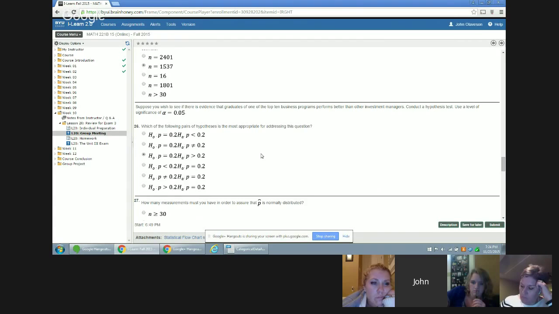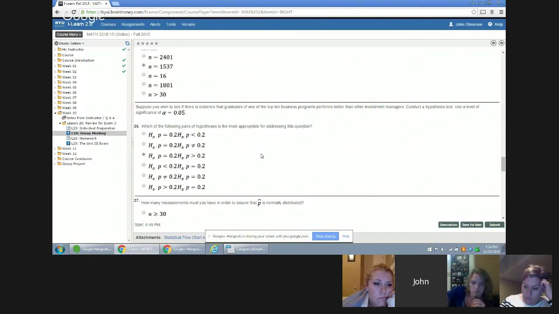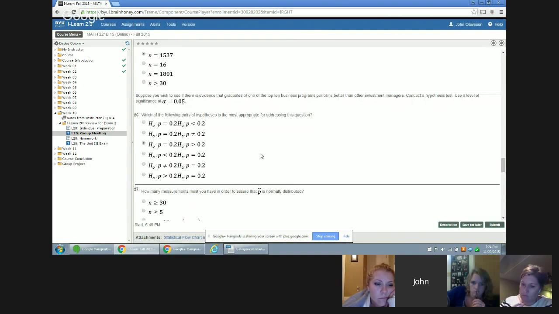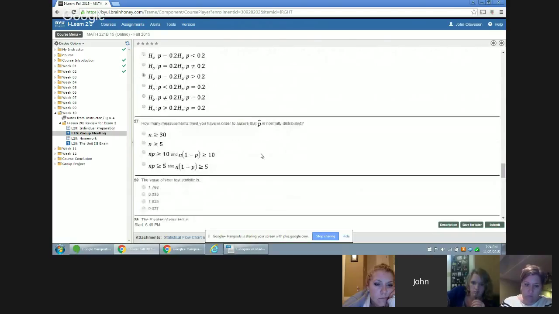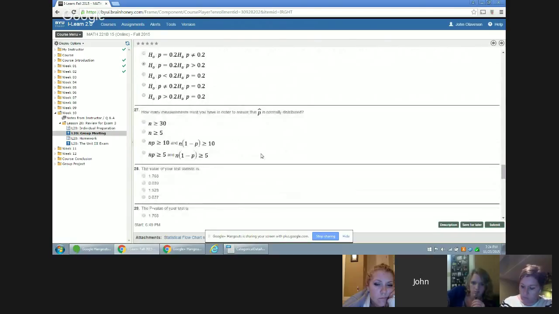And the Ha is p is 0.2. Okay. This is Courtney's good one. Courtney, go ahead and answer this one. It says, how many measurements must you have to assure that the p hat is normally distributed?